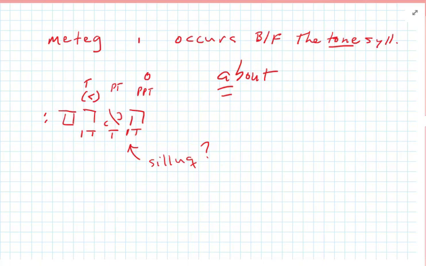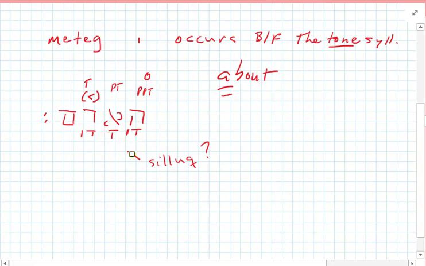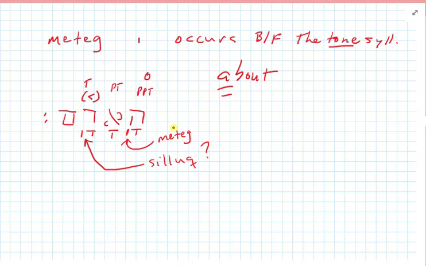And let me erase this. The siluk is going to be over here, right? And this one is the metheg because it's on the syllable that's not stressed. It's before the stress.